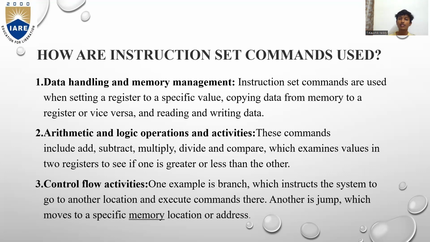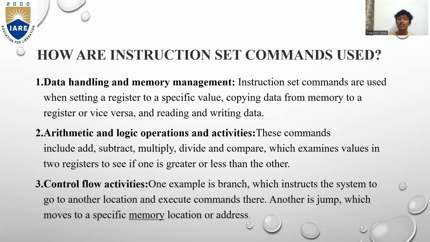How are instruction set commands used? First, data handling and memory management. Instruction set commands are used when setting a register to a specific value, copying data from memory to a register or vice versa, and reading or writing data. Next, arithmetic and logic operations.